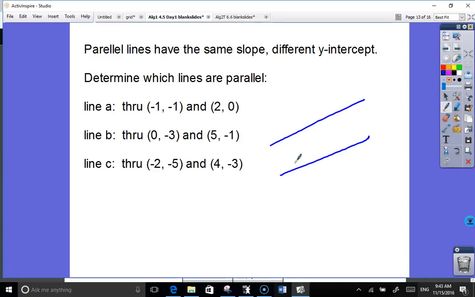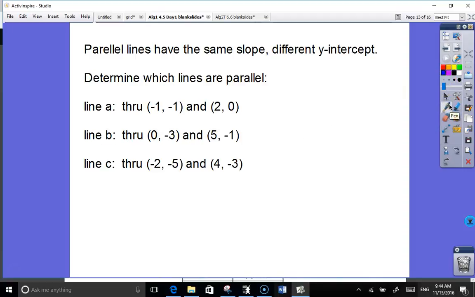So if we want to compare lines, here's 3 lines. 2 of them are parallel. How are you going to determine which 2 are parallel? Yeah, I think somebody said graph. You could graph if you're really accurate the way you graph, or you could just calculate it, right? Use the formula we did last time. So let me do that.